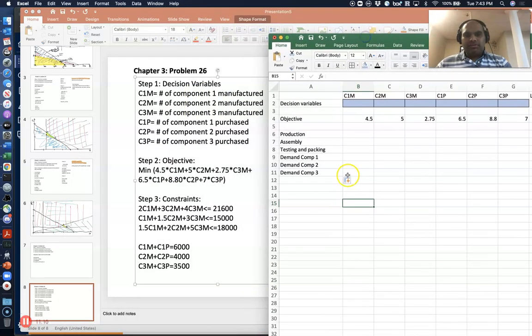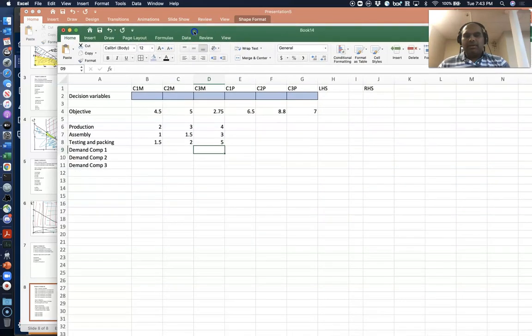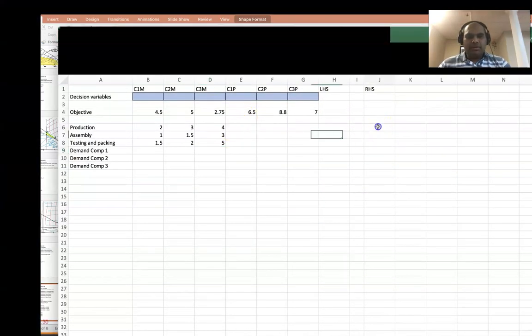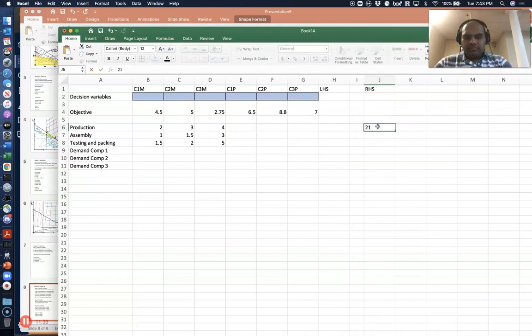For the production constraints, this will be 2, 3, and 4. For assembly, it's 1, 1.5, and 3. For testing and packing, it's 1.5, 2, and 5. Right. The right hand side is 21,600 here, 15,000 and then 18,000.